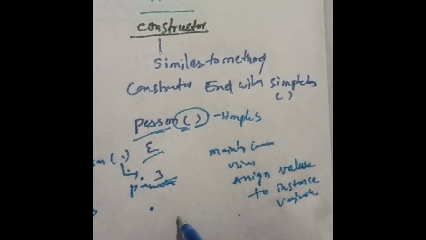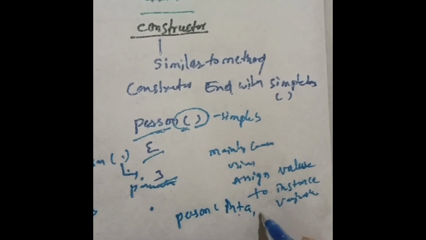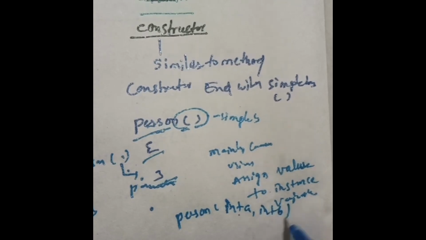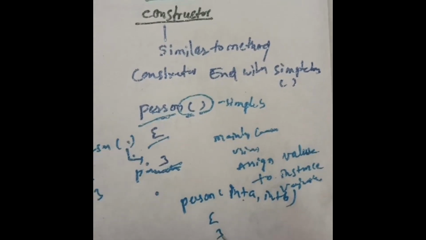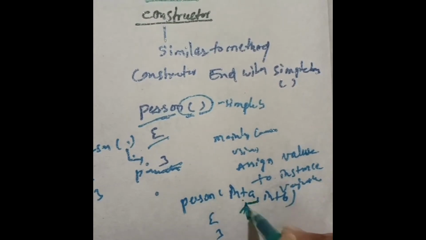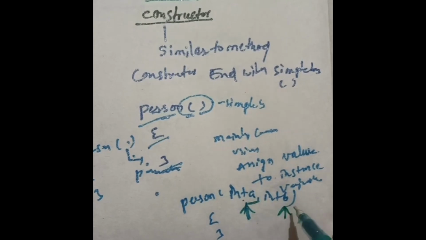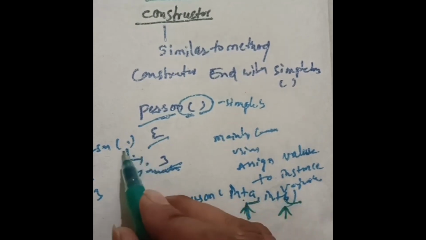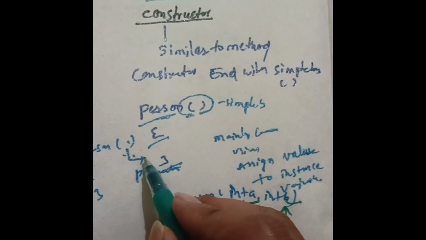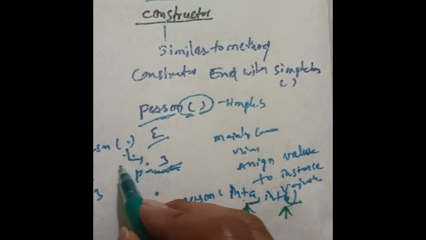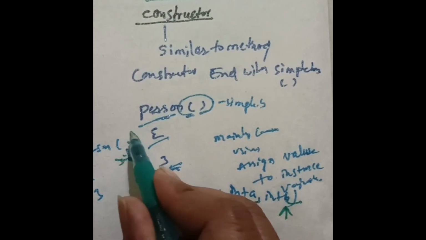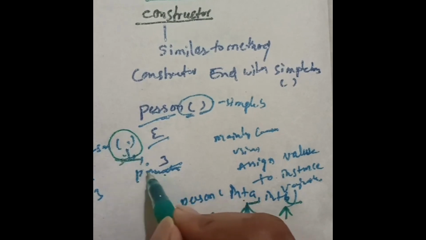Next, suppose another constructor is Person with int A, int B. This is another constructor. These parameters are passed in. A is one parameter and B is another parameter. Here, no parameter in the constructor means no variables.